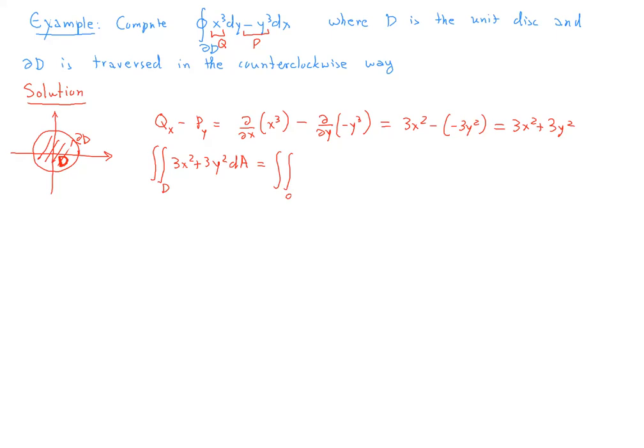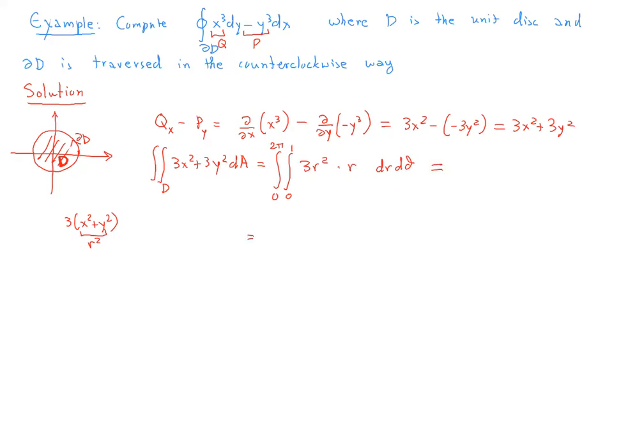It's the unit disk, from 0 to 1 dr, from 0 to 2 pi d theta. The integrand is 3x squared plus 3y squared. This is the same thing as 3 times x squared plus y squared. And we know that x squared plus y squared in polar coordinates is r squared. So the integrand is 3r squared. And of course, we shouldn't forget the Jacobian, which is r.